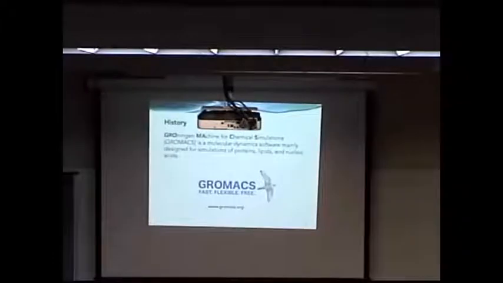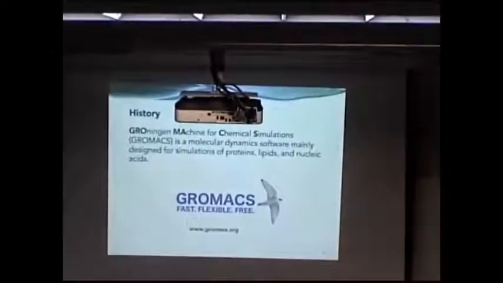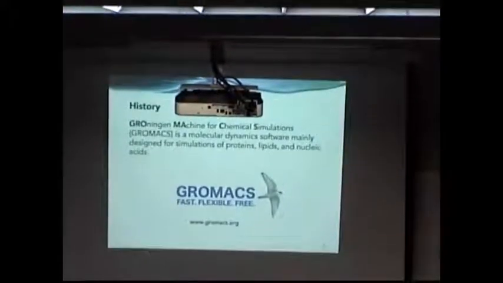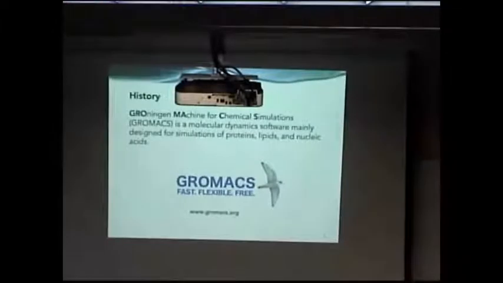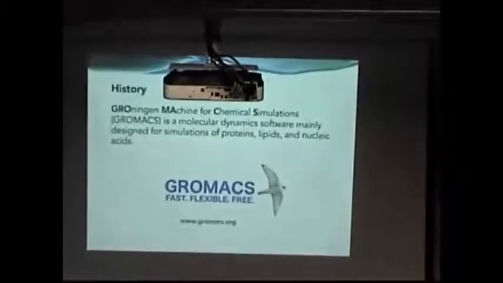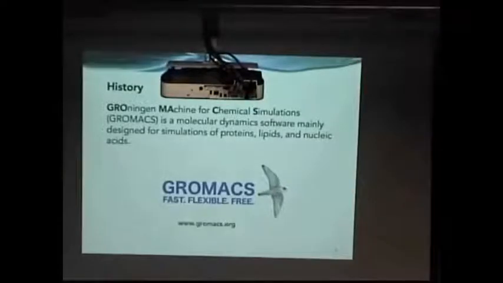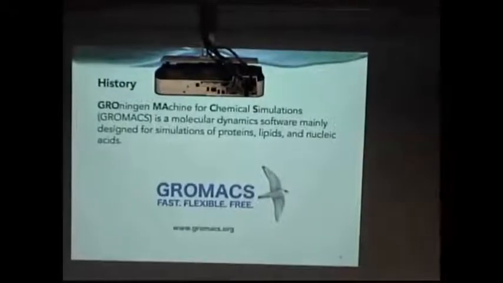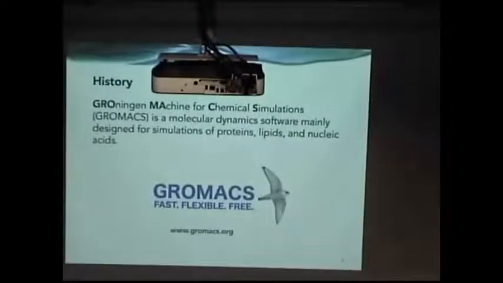GROMACS stands for Groningen Machine for Chemical Simulations. It's software developed mainly focusing on biomolecular systems like proteins, lipids, nucleic acids, etc. Most of the information I will talk about here you can find at the GROMACS official website, okay?